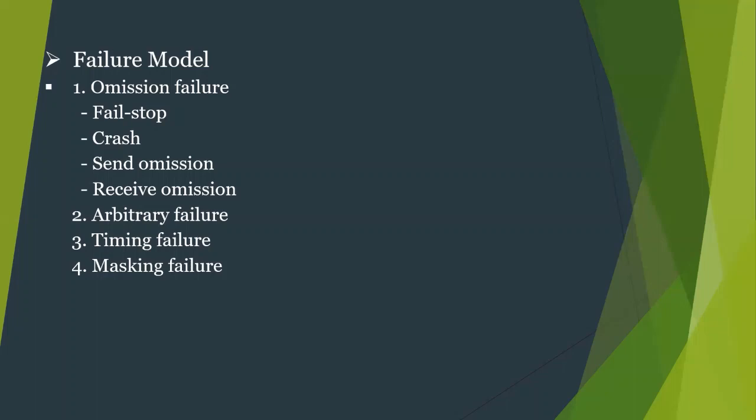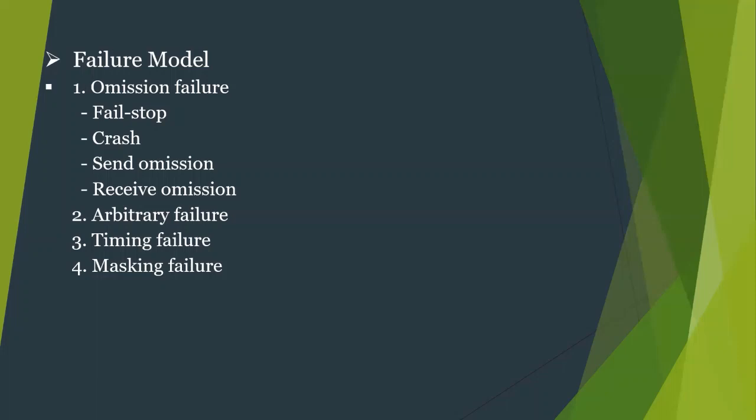What is crash? The process halts and remains halted, but other processes may not be able to detect this state. So in fail stop, other processes may detect this state, while in crash, other processes may not be able to detect this state.